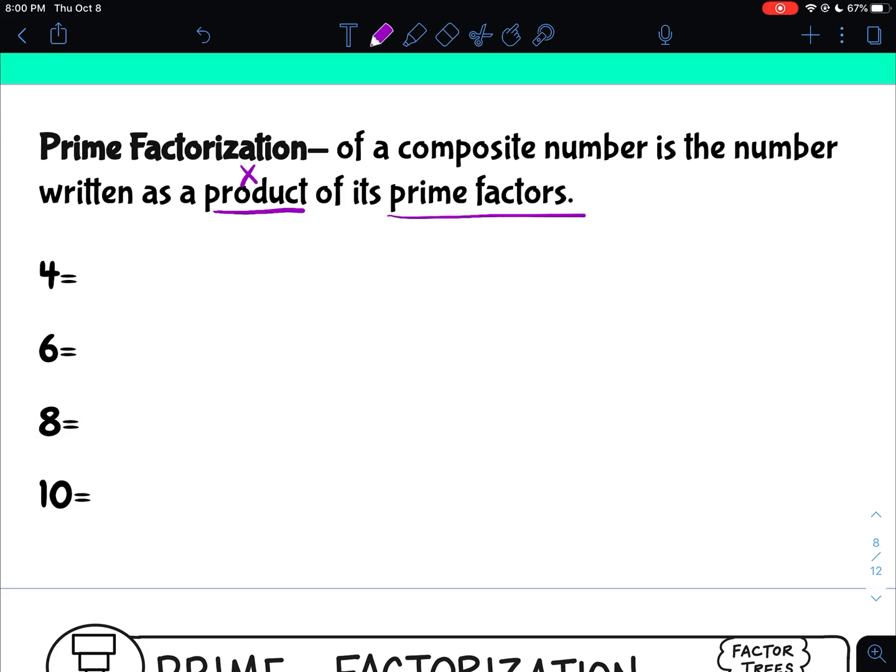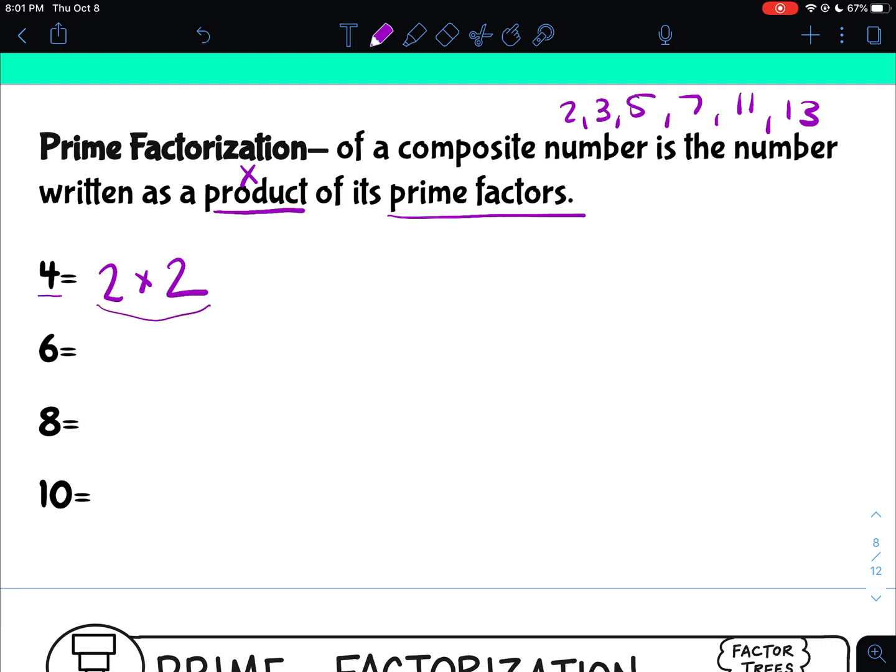So for example, if I want to figure out what prime numbers to multiply to get to 4, well, think of your prime numbers. Your list is 2, 3, 5, 7, 11, 13. What prime numbers do I multiply to get 4? It would be 2 times 2. So the prime factorization of 4 is 2 times 2.